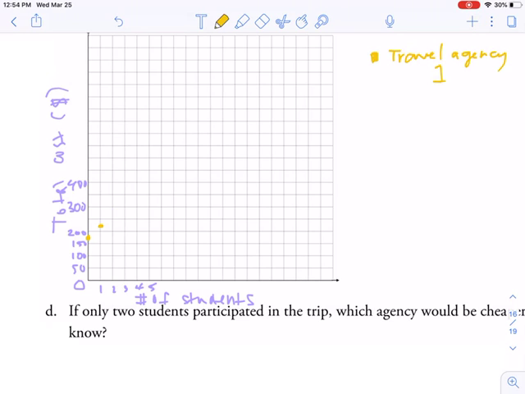We're good. That does not look like a good point, though. Let's try that again. There we go. And then at 3 students, we have 325, and at 4 students, we have 375. And at 5 students, we have 425.